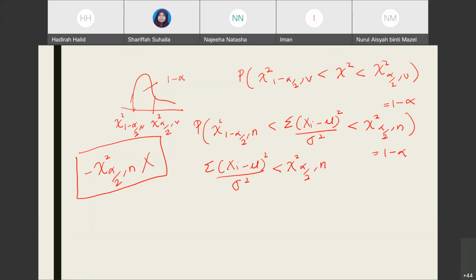So you have summation xi minus mu square over chi-square alpha over 2, n, less than sigma square.